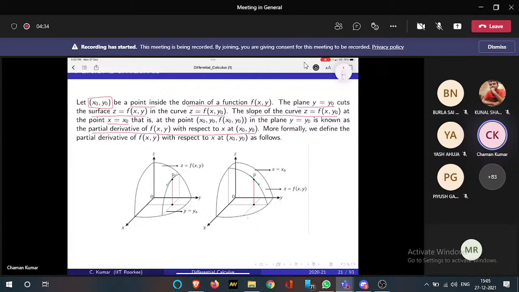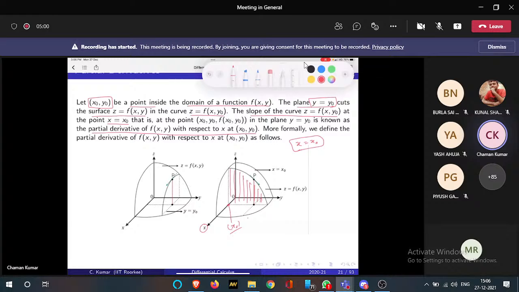Okay. Similarly, instead of fixing the value of y, if I fix the value of x, let's say x naught. So we have this x-axis. So at this point, we fix x is equal to x naught. When we fix x is equal to x naught, we get a surface, which is this surface.